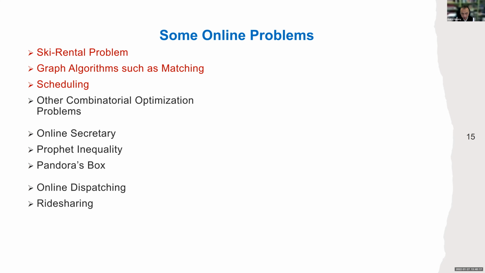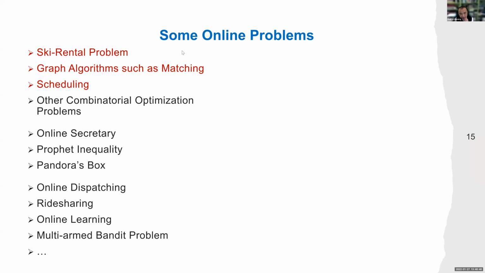Another fancier word is ride sharing, where a group of people share a taxi or share a car in their trip. Then there is online learning, or the multi-armed bandit problem. I guess some of you may be more familiar with the last two.